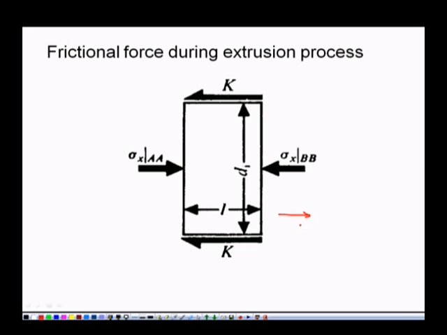Here d initial is at the cross section BB, and the total length we have taken as L, after which the deformation starts. The frictional force has been taken as K, and sigma x at AA is the interface of our ram and the material.